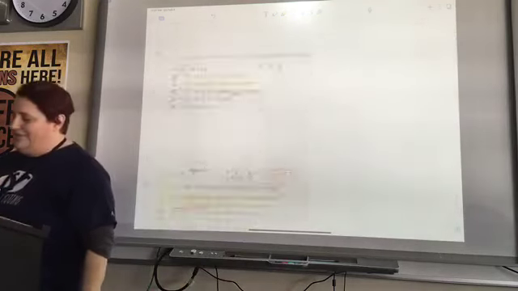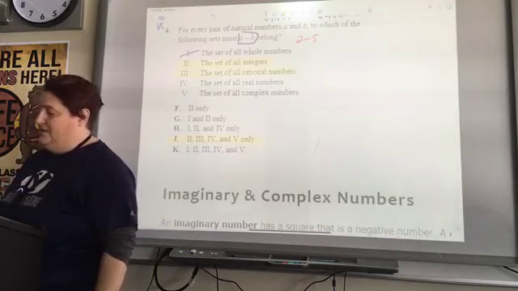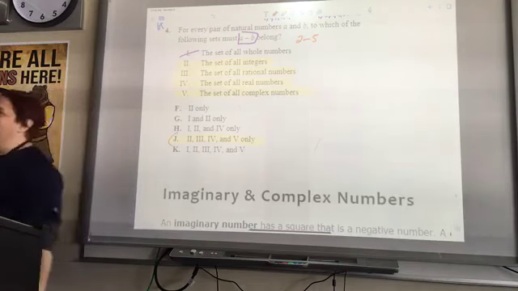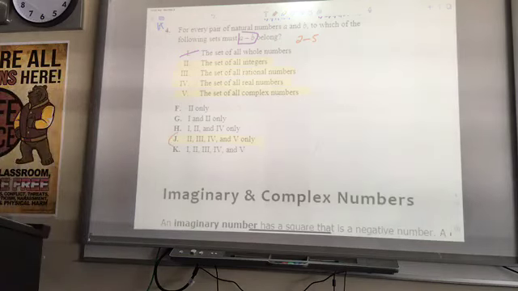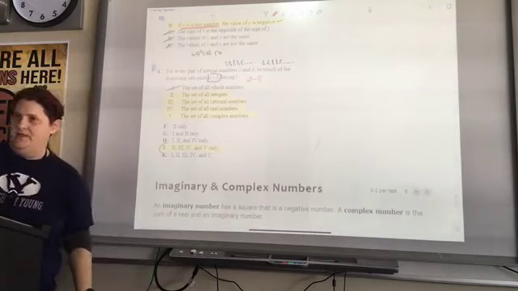So the integers are contained within the rational numbers, which are contained within the real, which is contained in the complex. So it's all of them. That's why that one's really tricky. Those are the kids that are like, oh, I got a 36 on the math on my ACT. They're getting this right. You guys good? All right.